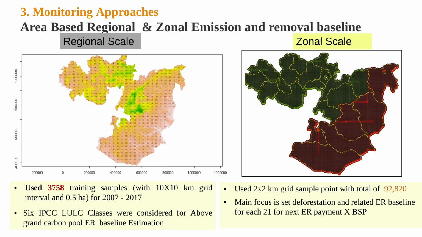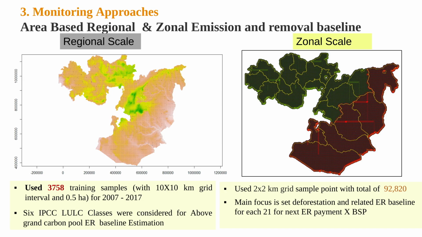Since emission reduction result-based payment is paid at zonal level, we have to cascade at a large scale to zonal level. So for this, we collected 3,758 plots using Collect Earth, as well as we used CEPAL, and Earth Engine has a very important role in collecting this data.